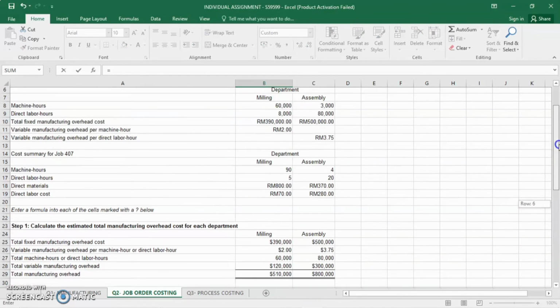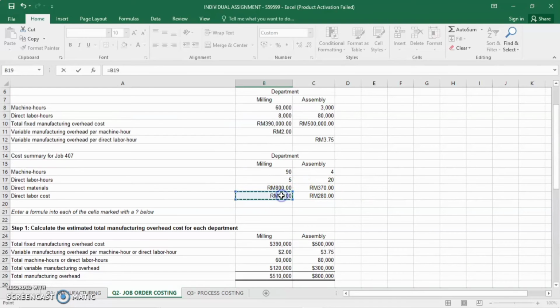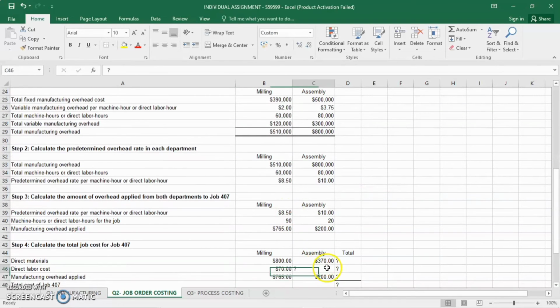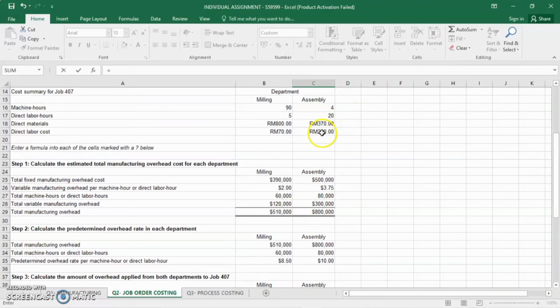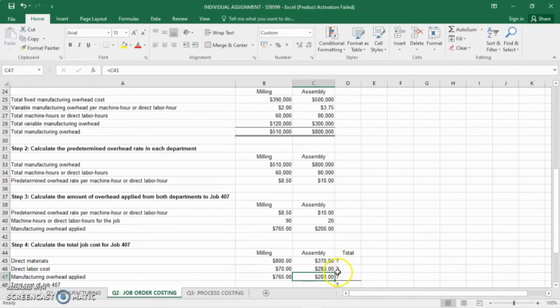Direct labor cost 70, and for assembly 280, and the total is the sum.